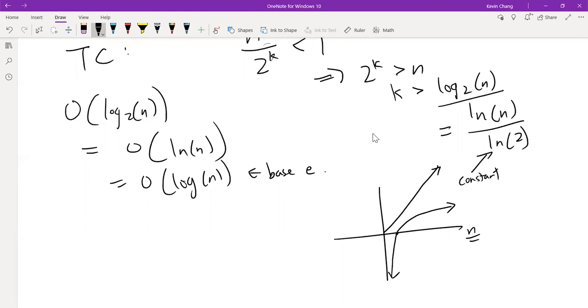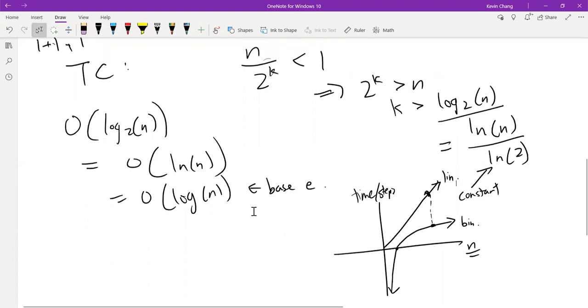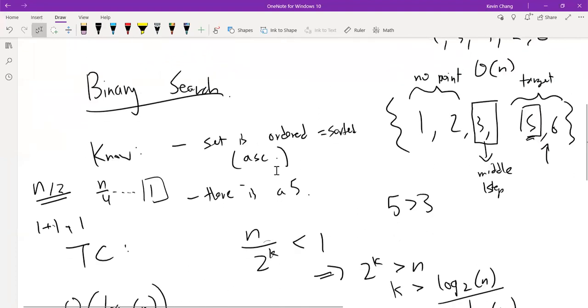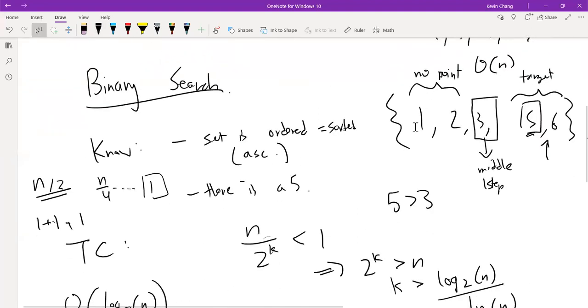If this is time, how many steps, we know that regular linear search on this ordered set will take us many more steps to find our desired element than binary search would. So this is binary search, this is linear search. Binary search is much more efficient than linear search, and it's a way we can optimize our searching algorithm only if we are given the information that the set is ordered.